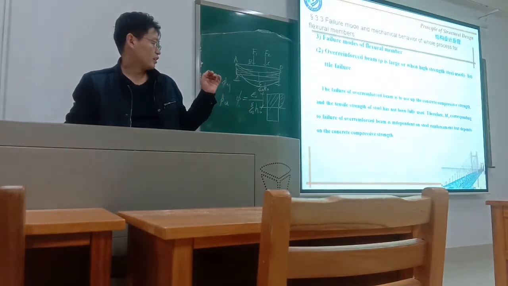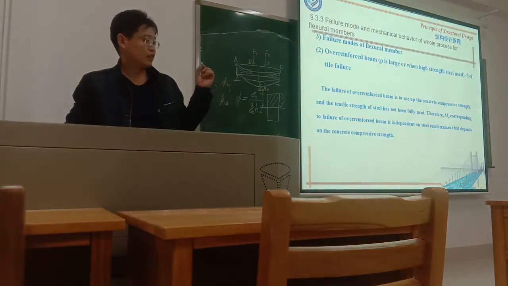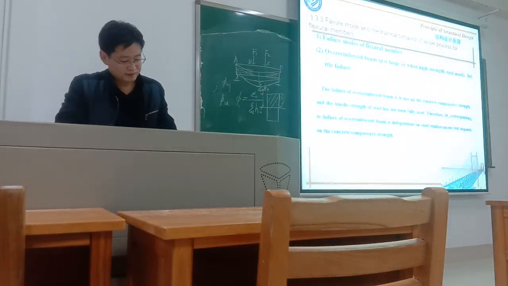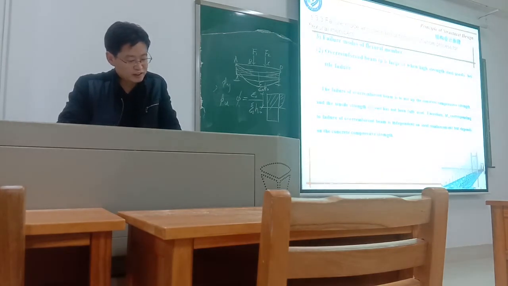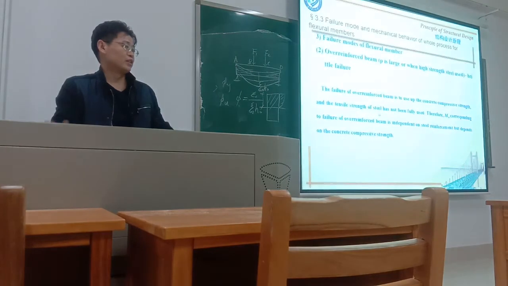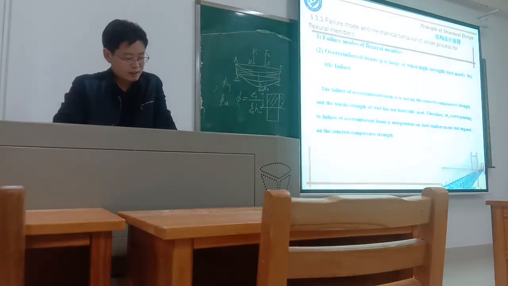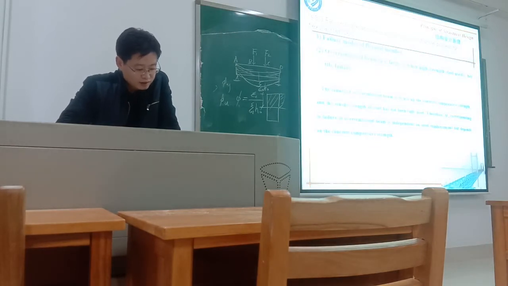The key point is the compression strength of concrete, not the tensile strength of steel, because this failure is the crushing of the concrete, not the steel reaching yield. So that's the key point for this over-reinforcement beam. It's dependent on the concrete compression strength.